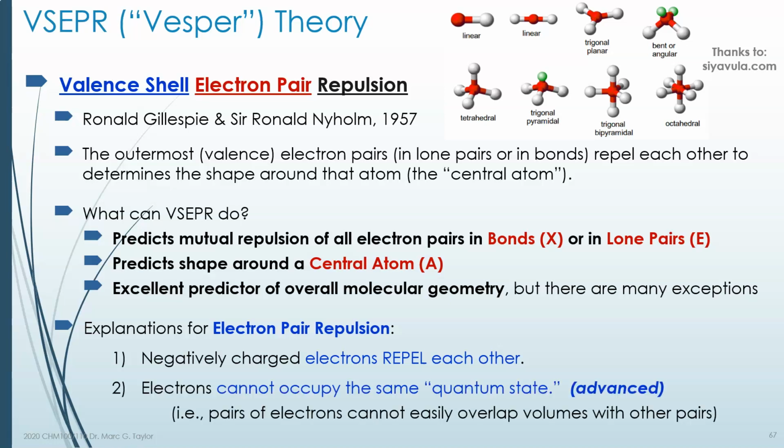Simple as that. But we also have the fact that the pairs of electrons are in their own orbitals. Remember, we talked about orbitals in the last unit. These orbitals filled with electrons cannot overlap one another. They have to have their own volume of space, what we call their own quantum state. So every electron has to have its own state.